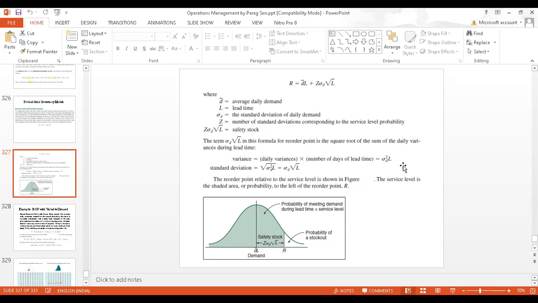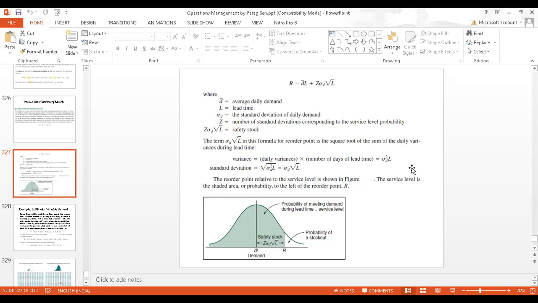So if your lead time is 9 days, 25 into 9 is equal to 225. All together, 225 items you need to have in your hand, because this is the entire variance.